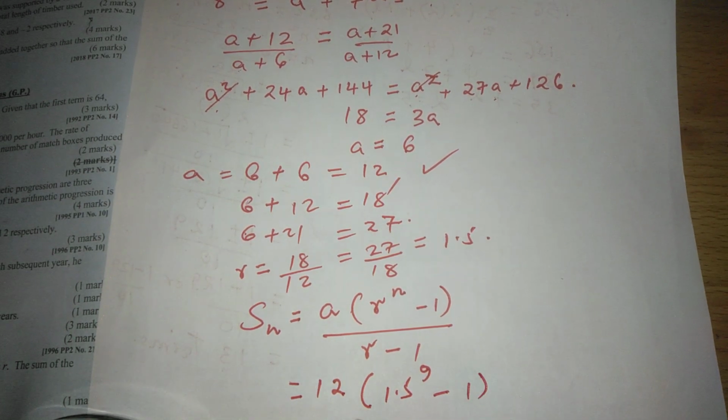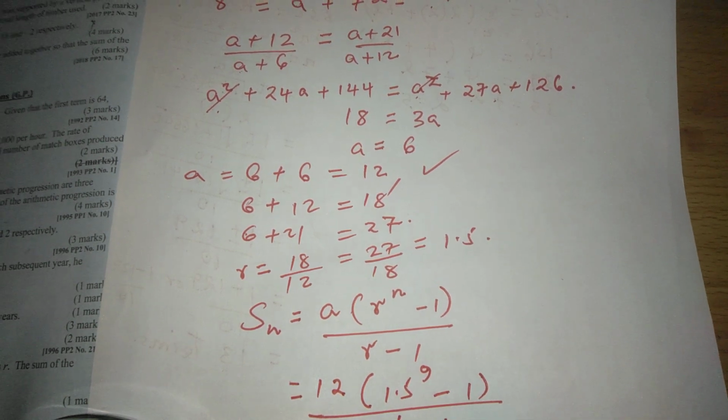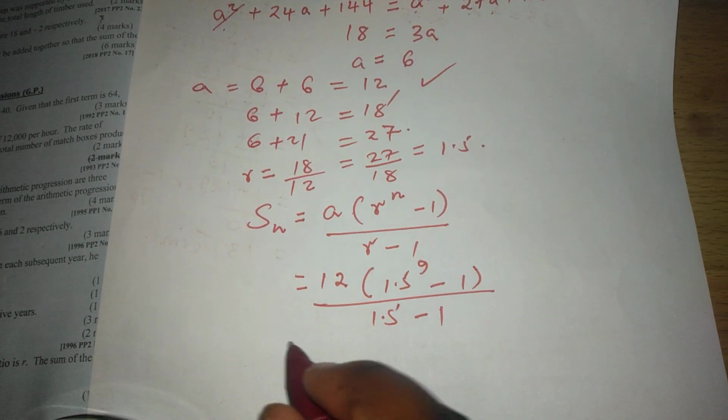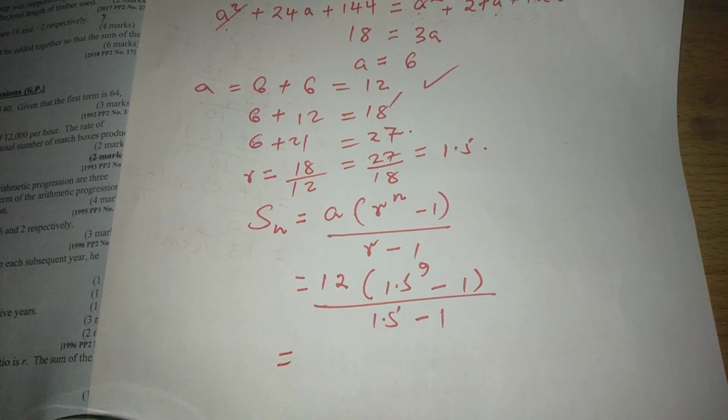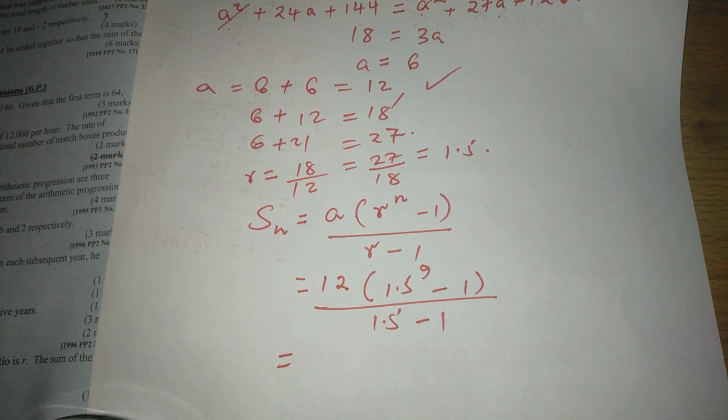Then we subtract 1, divided by 1.5 minus 1. So that is the formula I have now substituted. This is going to give us, when we take 1.5 and raise it to power 9, then subtract 1, this one we multiply by 12, then we divide by 0.5, because 1.5 minus 1 is 0.5.